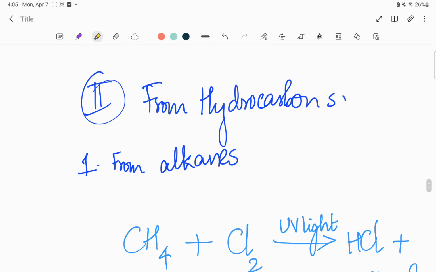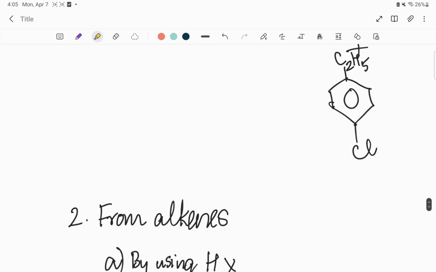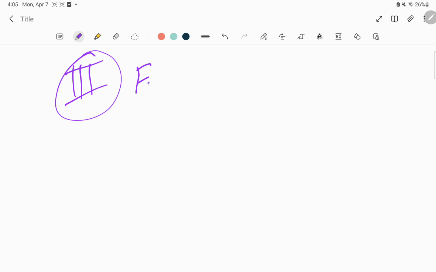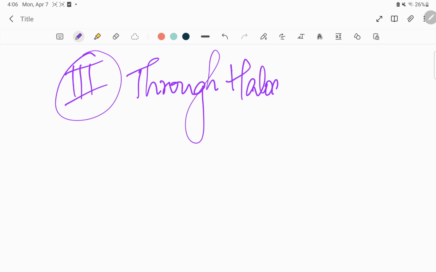Next we also discussed the preparation from hydrocarbons. Now the third method of preparing haloalkanes is through halogen exchange.